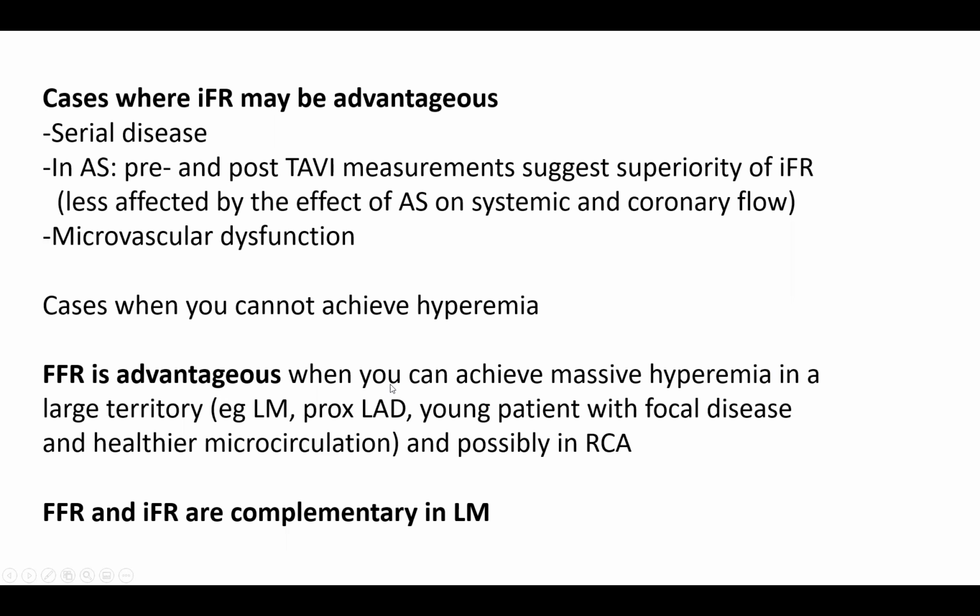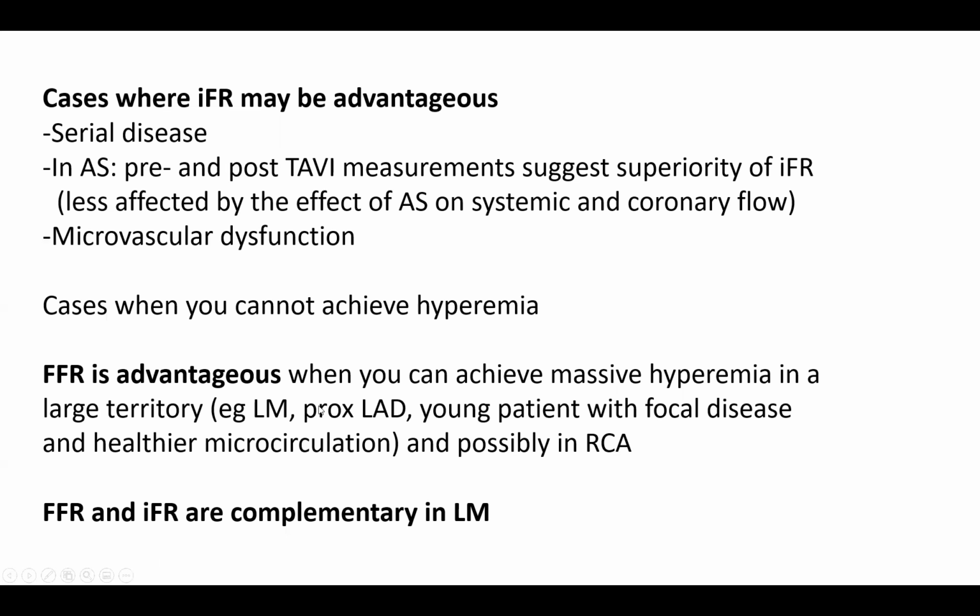Now, FFR is advantageous when you can achieve massive hyperemia in a large territory. Example: left main, proximal LAD, a young patient with focal disease and healthy microcirculation, and possibly in RCA. It may be less advantageous in an elderly patient with diffuse disease, diabetes, CKD, as I described from the Figaro study, and unhealthy microcirculation, because those come together: diffuse disease, CKD, diabetes, and microvascular impairment.